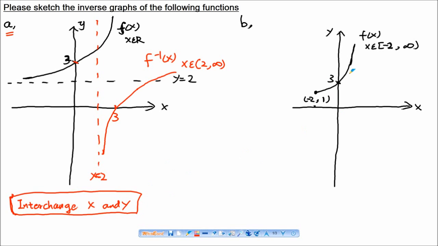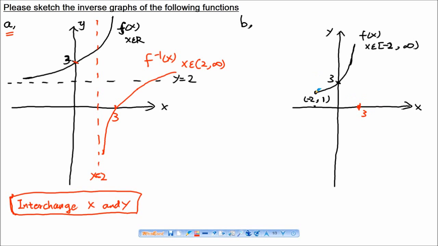Now let's look at question B. In question B, I have a y-intercept at 3, so similarly I will have an x-intercept at 3.